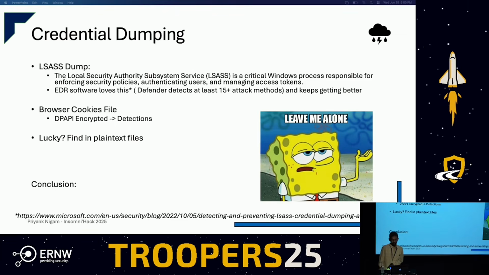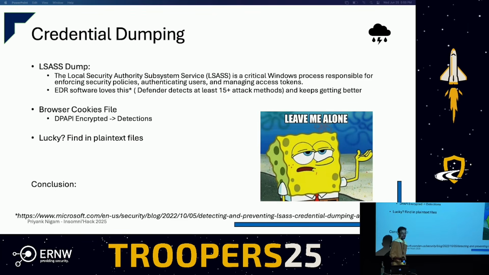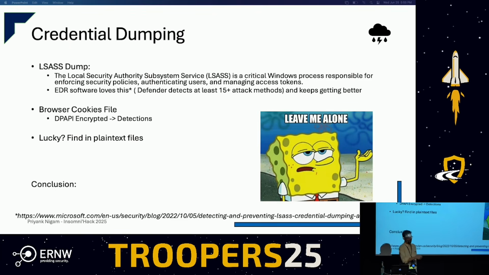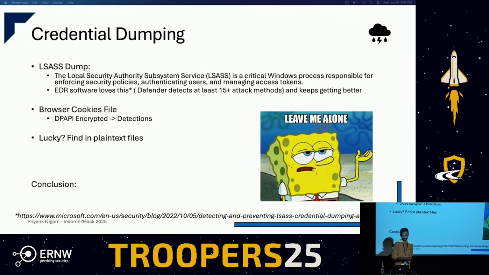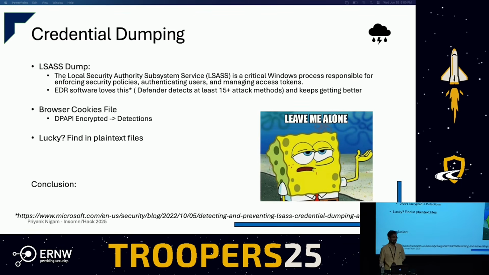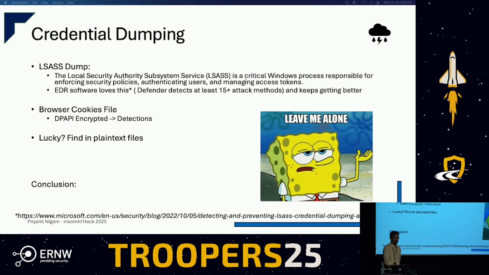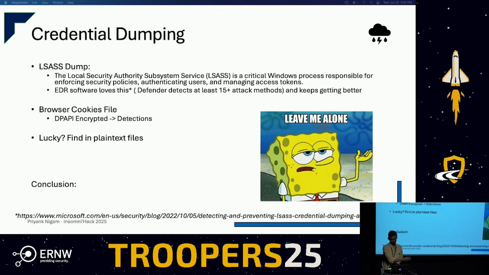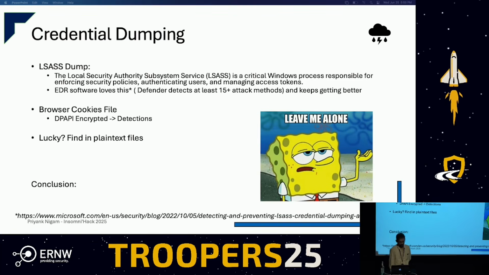For cloud environments, you want to go after authentication tokens, which means you're interacting with a browser. So the easiest way is to go after the cookies file, which is typically present in any browser which your organization uses for SSO, typically Edge, Chrome, or any Chromium-based browser, maybe even Firefox, actually.